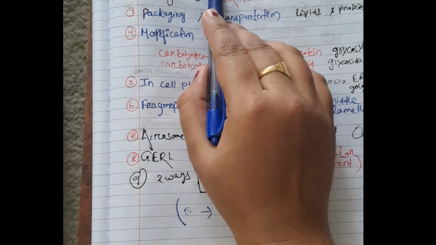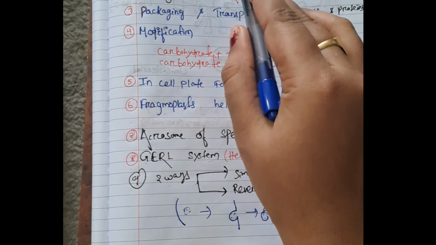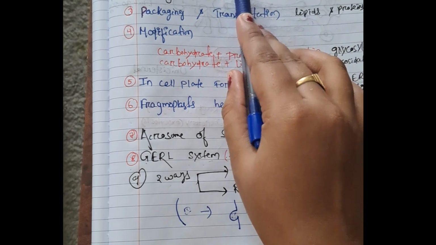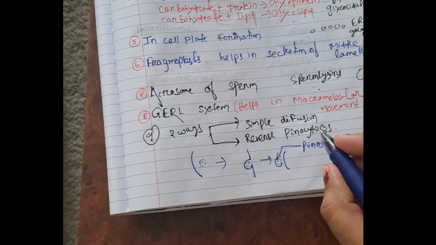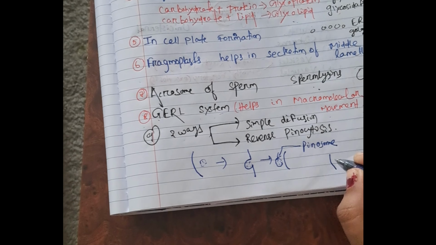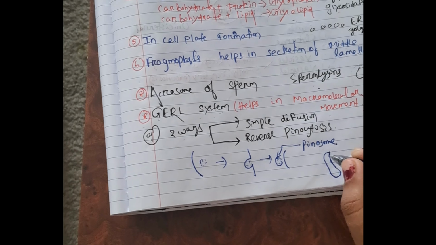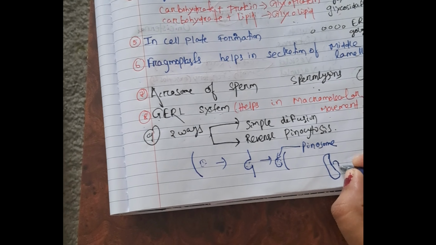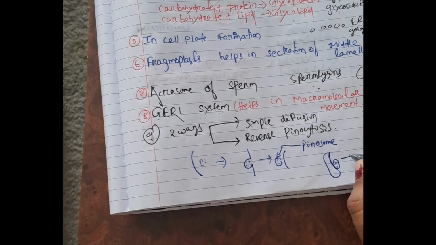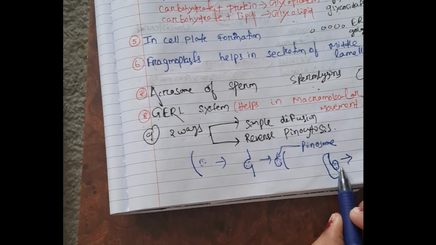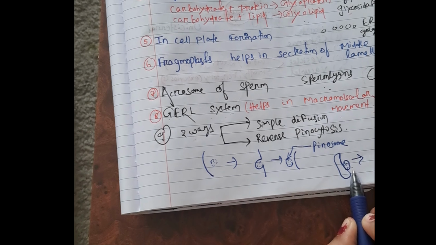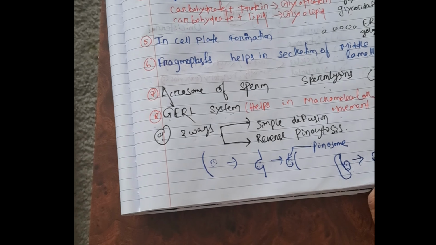But in case of Golgi body, reverse pinocytosis is performed. So this is the membrane of cisterna, and this is the liquid material, and in the Golgi that will be in the reverse direction. So this liquid is pinched off from that wall.